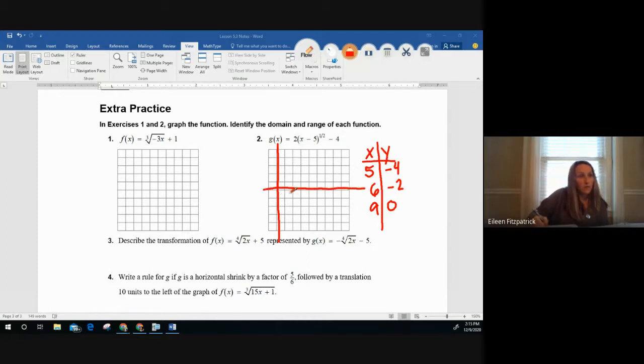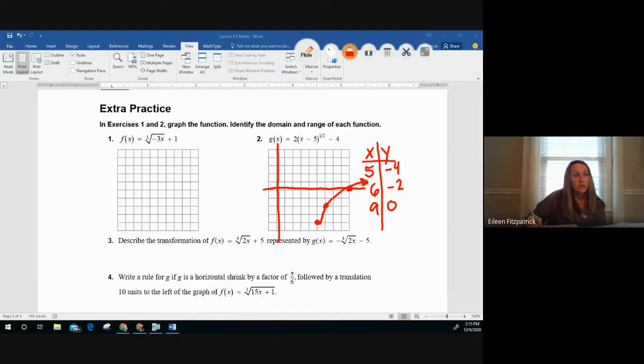If I count 1, 2, 3, 4, 5, 6, 7, 8, 9, now I don't have to change my scale. So 5, -4, then 6, -2, and then 9, 0. And we know what the parent function looks like.